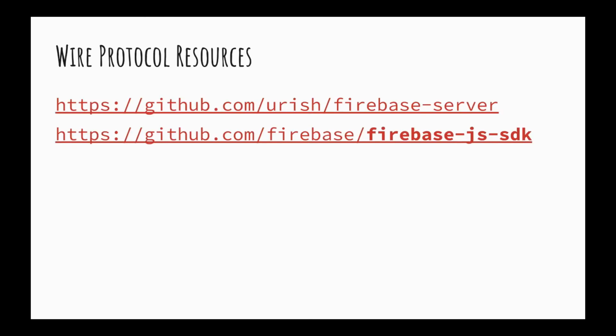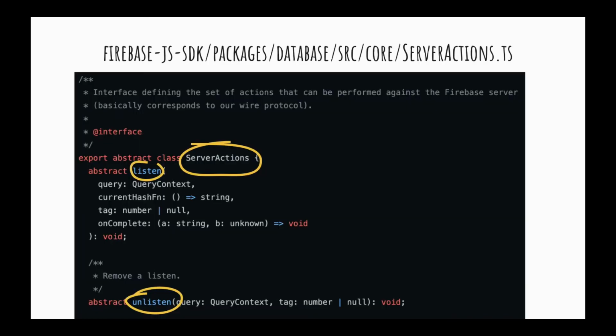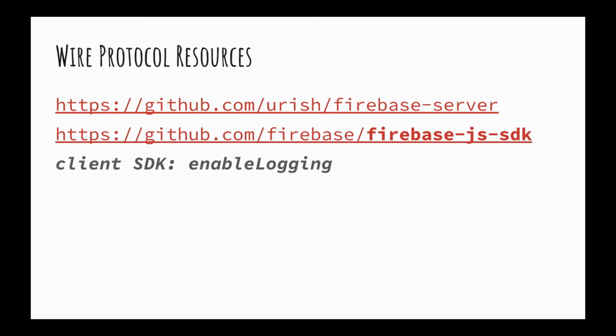In addition, of course, we also have the Firebase client source, which is licensed under MIT. The JavaScript client source shows 11 unique actions the client wants the server to respond to. The client will also emit detailed protocol debugging information at runtime if you ask it to by calling enable logging.